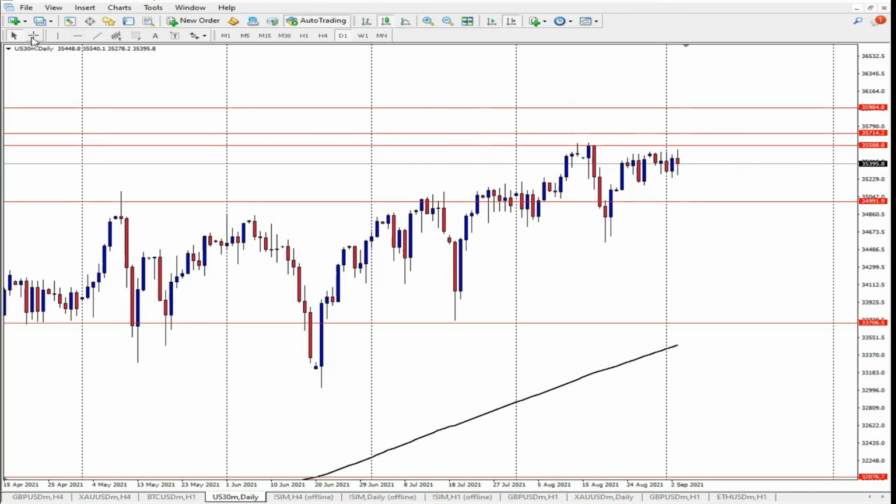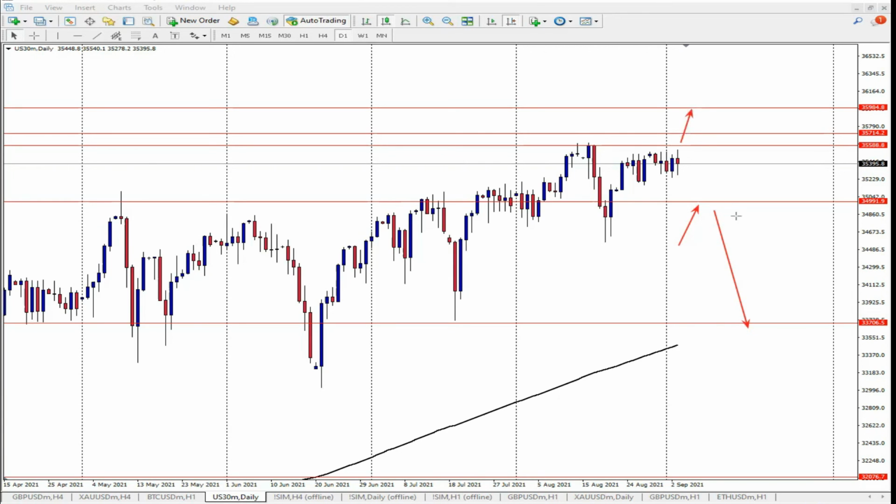So the reverse is we're just going to be patient and wait for price to break this level, 34,991 area. Then we can now join in for the sell if price is going to trade lower. So for now, our bias is bullish. 35,714 as our first target, 35,984 as our overall target for the week.